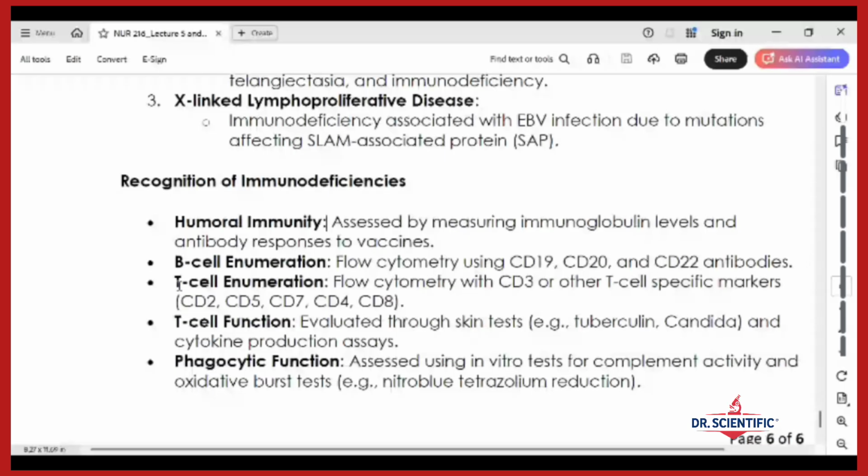T cell elimination, you're able to count T cells also, and T cells are CD3s. They have other surface markers such as CD2, CD5, CD7, and of course CD4 and CD8. These are the most common ones. So you can measure them using flow cytometry. It's a very good technique of counting cells, and you're able to tell whether there's an infection.